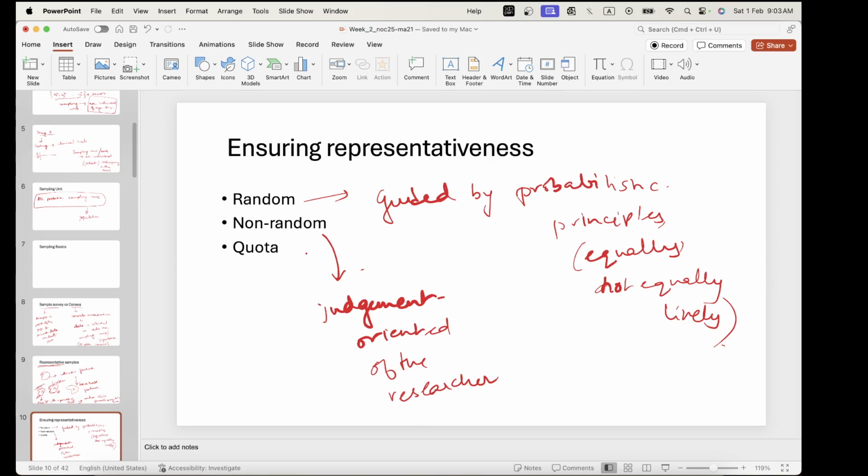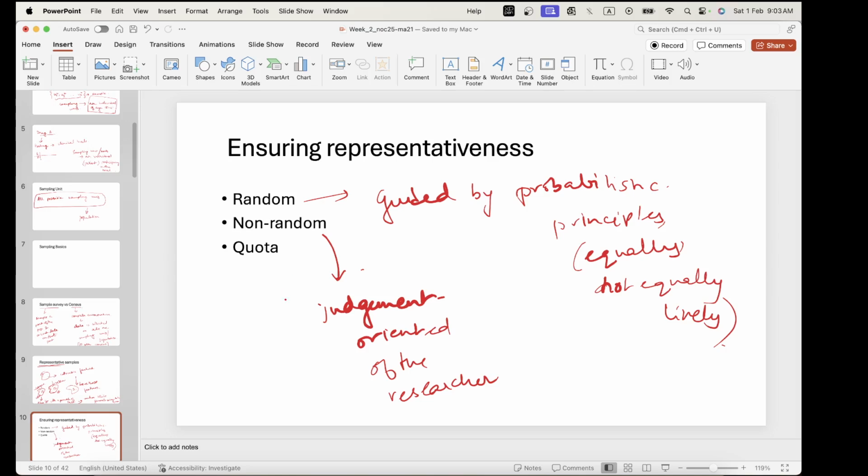So if I decide that I am going to consider samples from, let's say, a particular sector of the society, and that is based on my judgment, then that kind of decision making would qualify as non-random sampling.